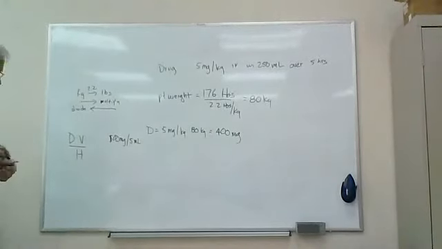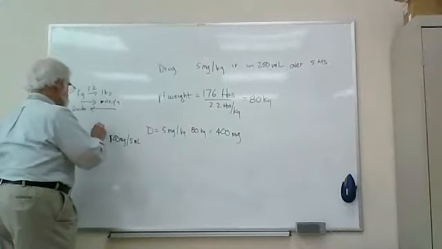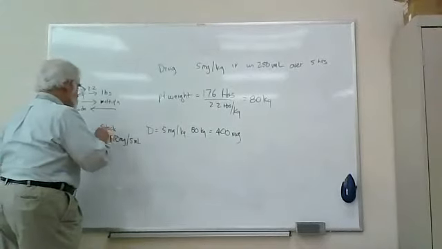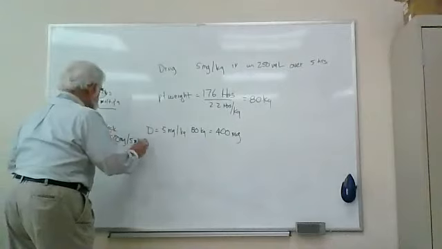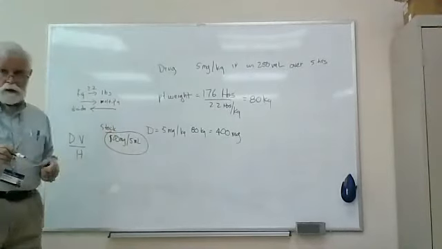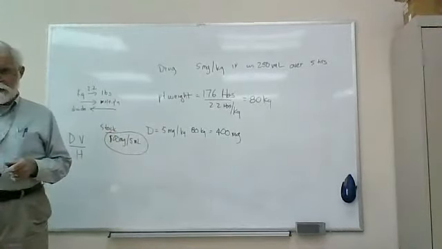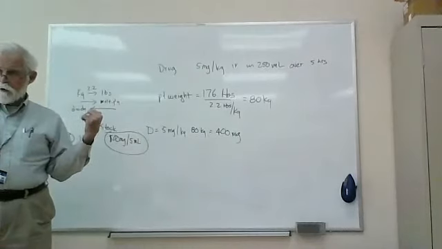Okay, our stock solution. What we have to do is take some amount of that drug out of that stock solution and put it into a 250 milliliter IV bag.